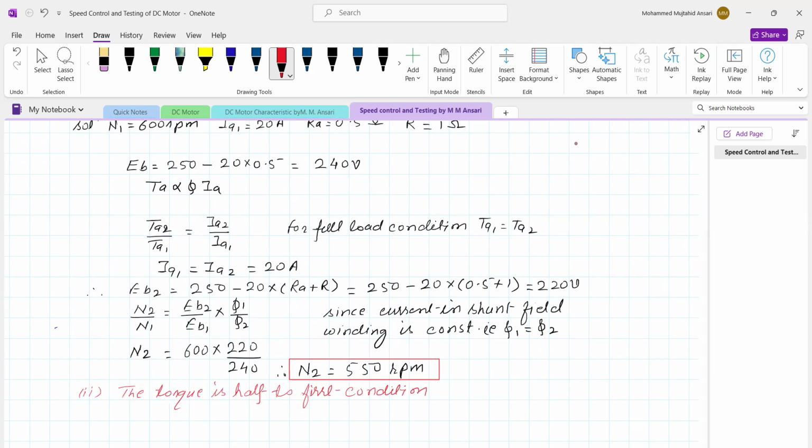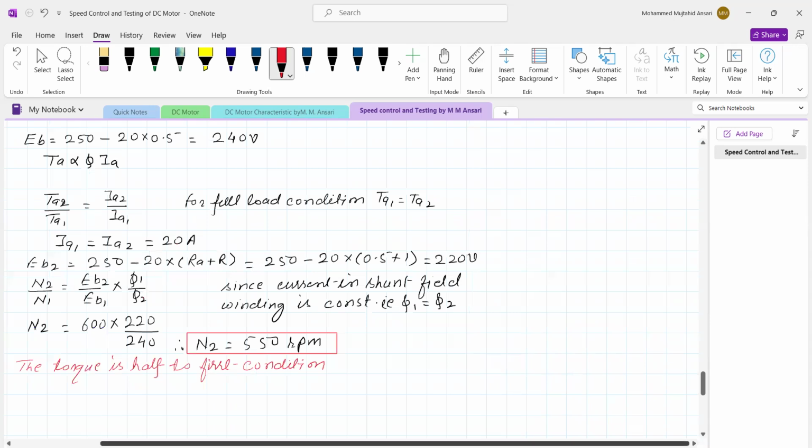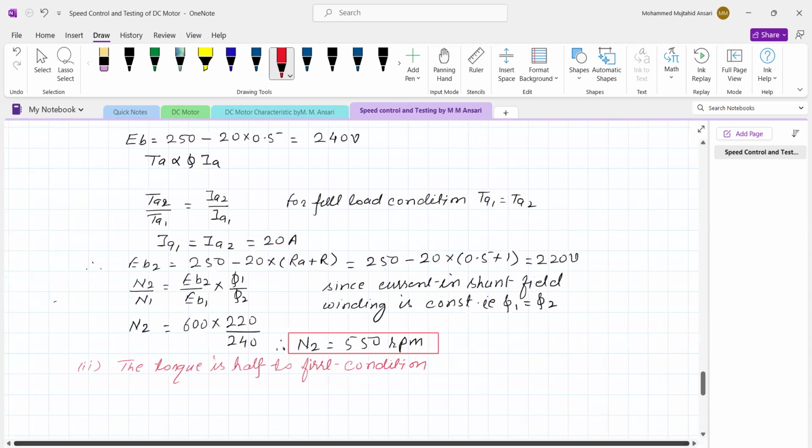So now we will take the second condition as the initial condition.